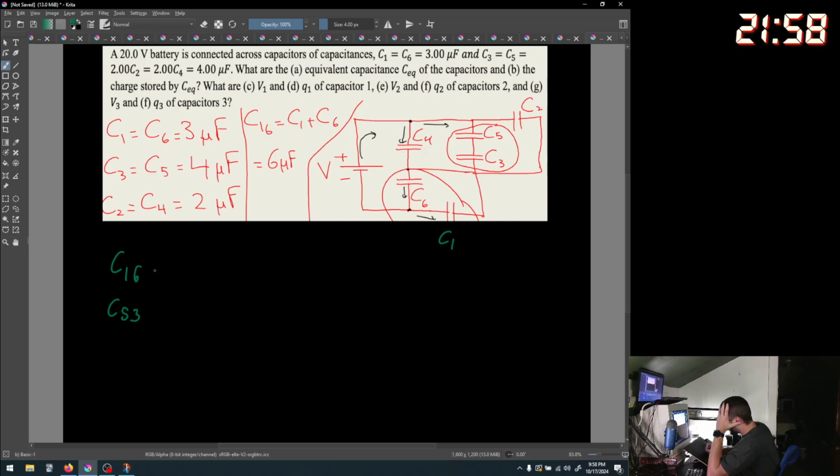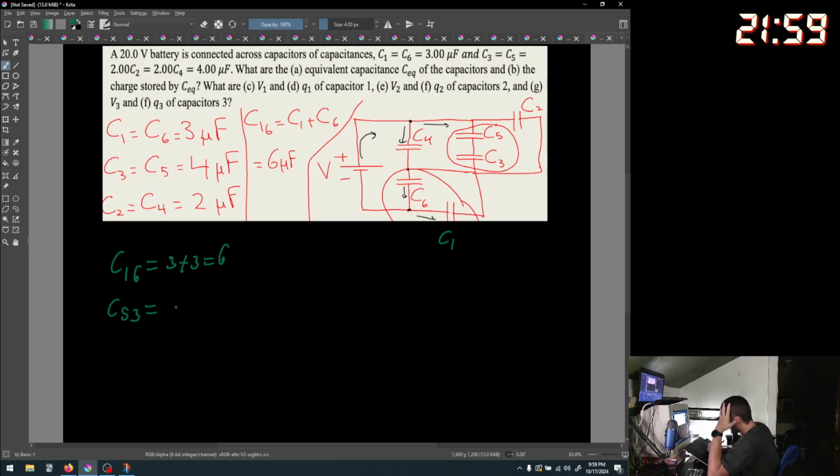Let's just start with those. C1 is going to be 3, C6 is going to be 3, so it's going to be 3 plus 3 equals 6.